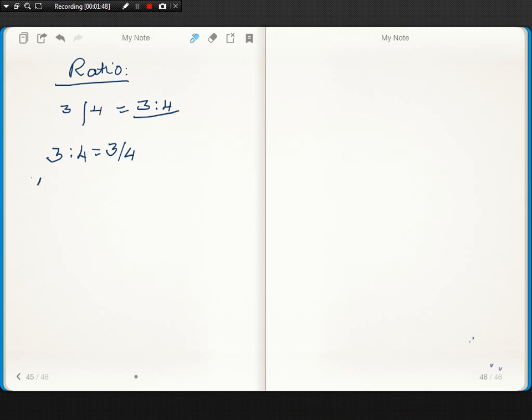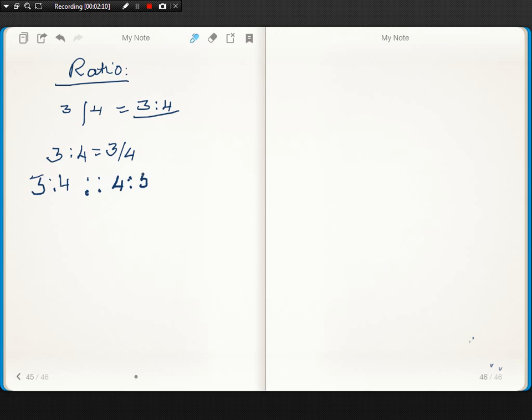Suppose I take 3 is to 4, and this is going to be equated with another ratio, 4 is to 5.